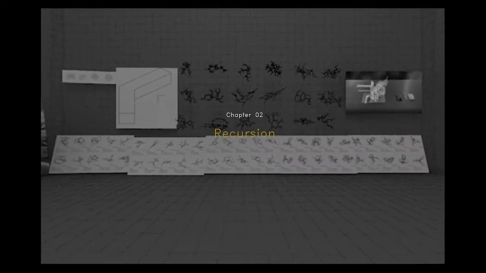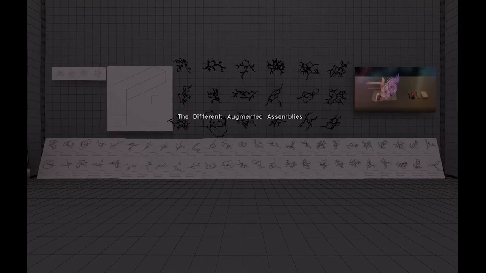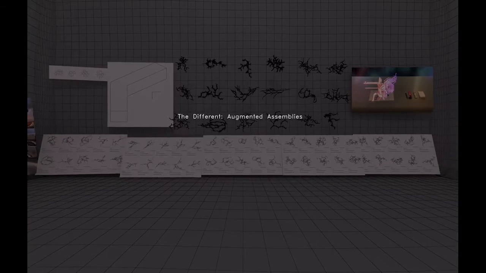Duality between two chapters. As follows, the two chapters form an opposing relationship between recursion and vagueness. Recursion occurs when a thing is defined in terms of itself or of its type, where a function being defined is applied within its own definition.